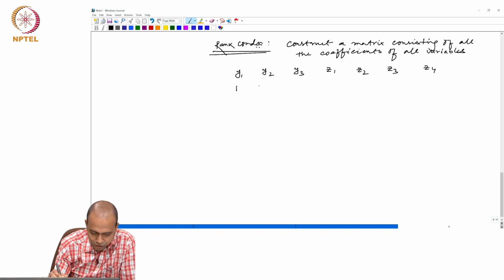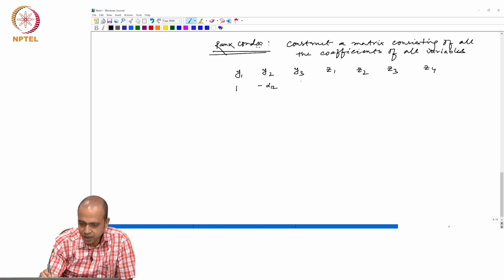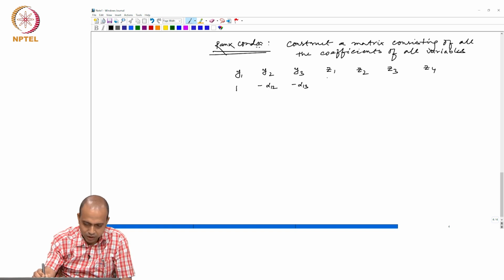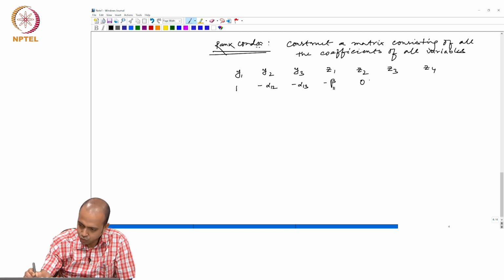Then minus alpha 1 2, that is the coefficient of y2, and the coefficient of y3 is minus alpha 1 3, then minus beta 1 1, and then we have no z2, no z3, no z4.